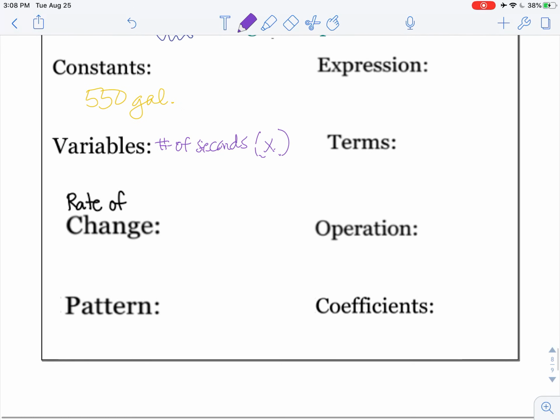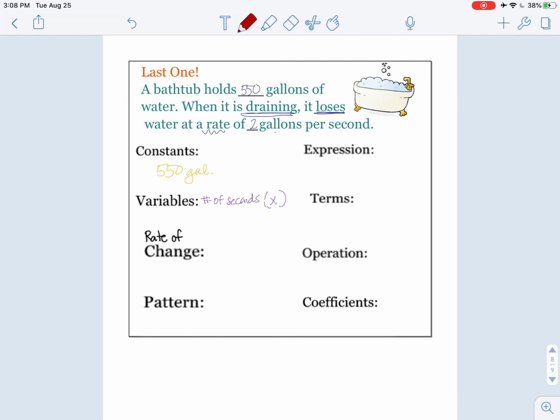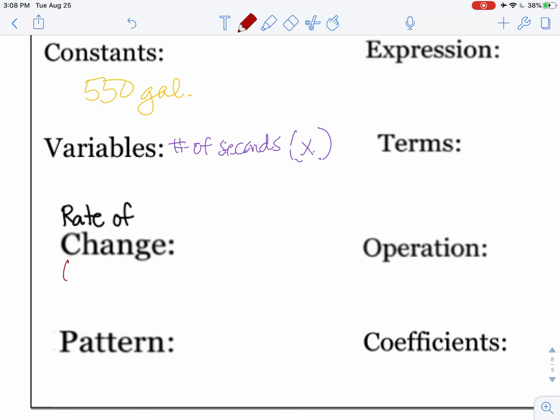I'm going to label that with the variable x, and that's because an S can look way too much like the number 5 when I write it really fast. My rate of change is that fraction with the 2 units. We said our 2 units were gallons and seconds, so it's 2 gallons per second, but we need to ask, are we going up or down?